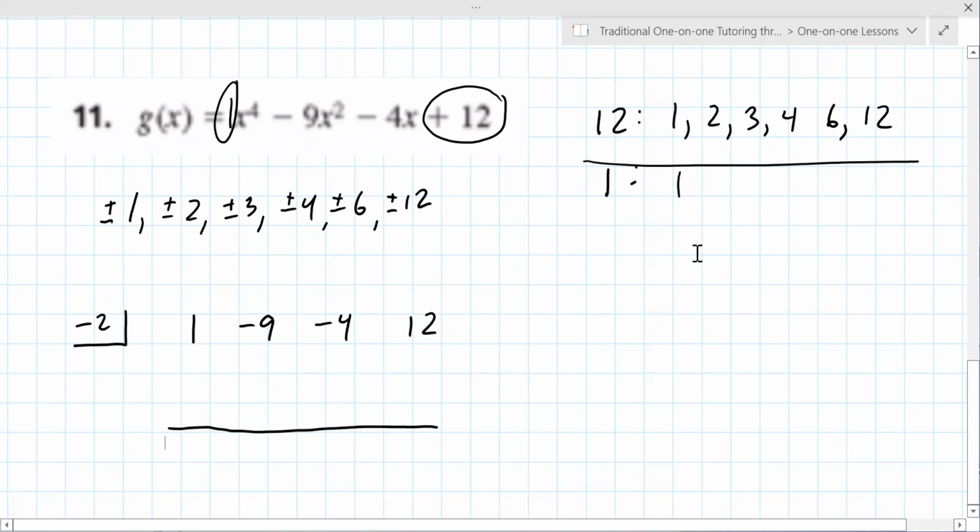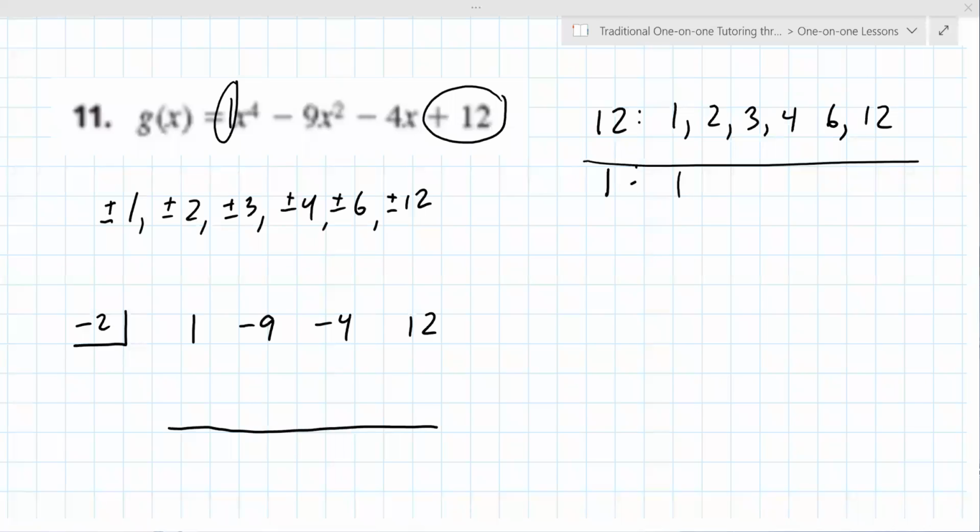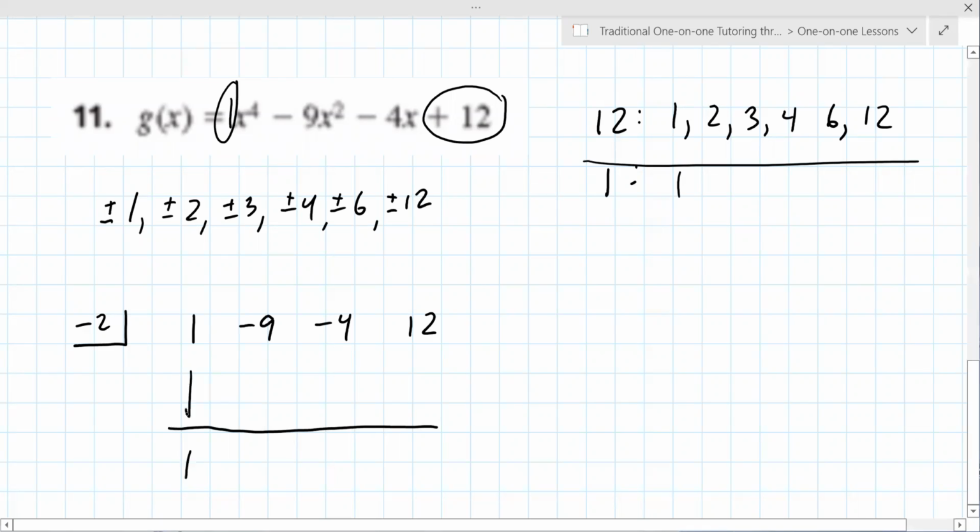Okay, so you bring the 1 down. And then you multiply, so it'd be -2. Then add that to get -11. Then you multiply again to get 22.